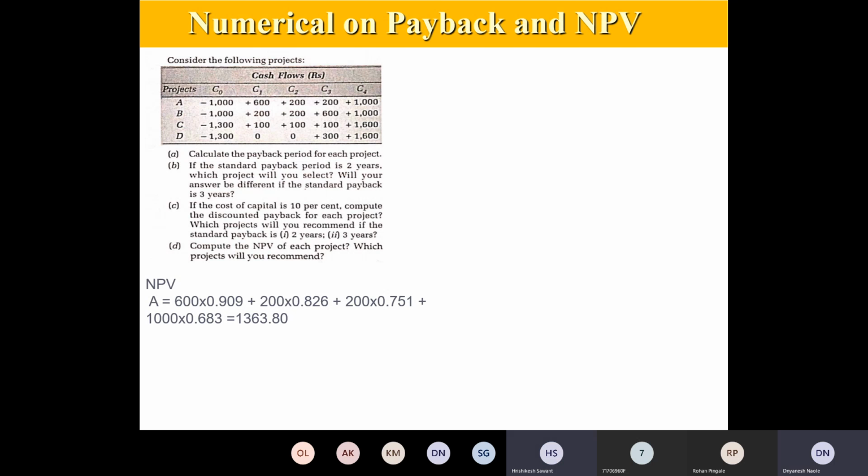$1480.6. 14 कम आना चाहिए ना रे, ज्यादा कैसे आ रहा है?